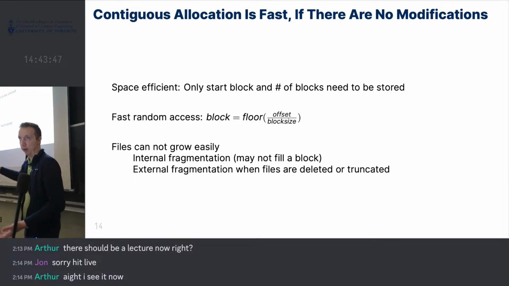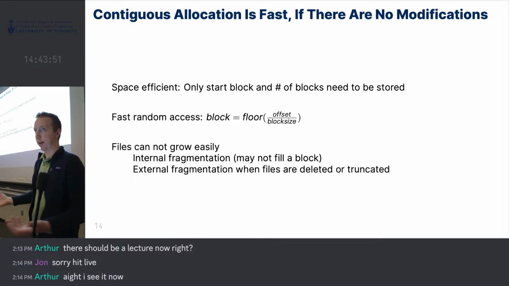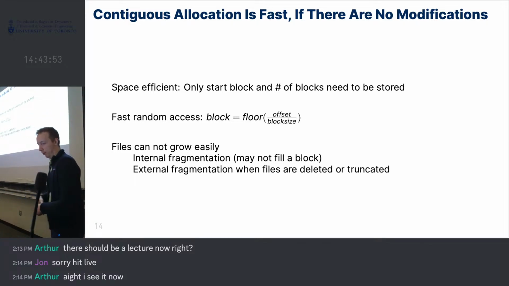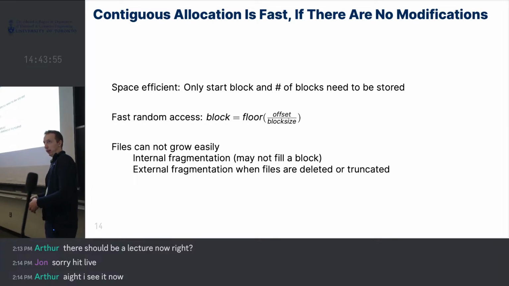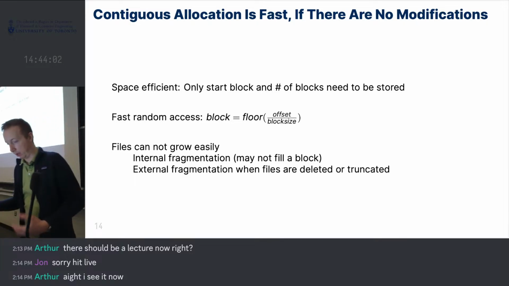Really easy with just one simple calculation: the offset divided by the block size, take the floor of that. So if my blocks are 8 kilobytes, it's on block 1, not block 0.